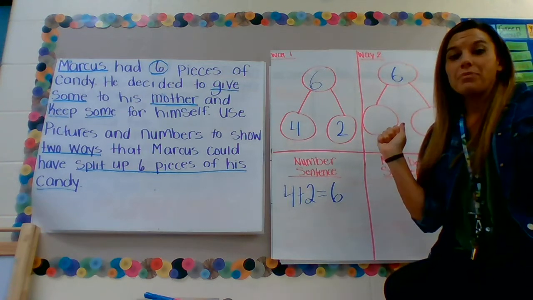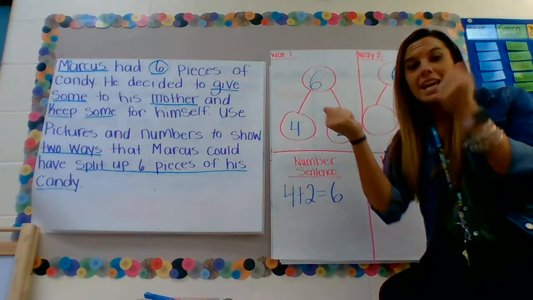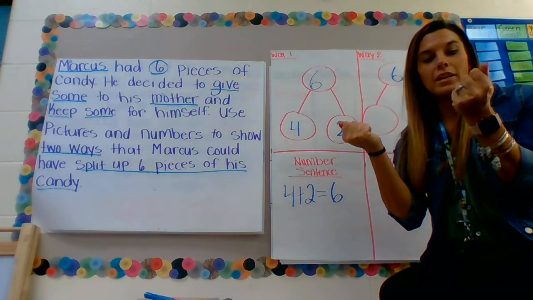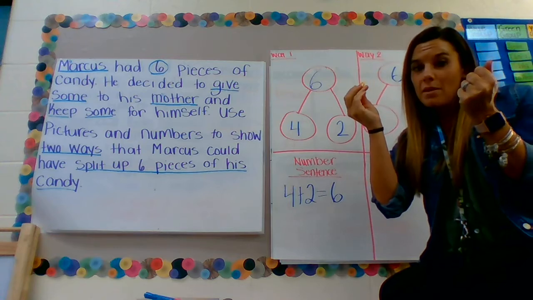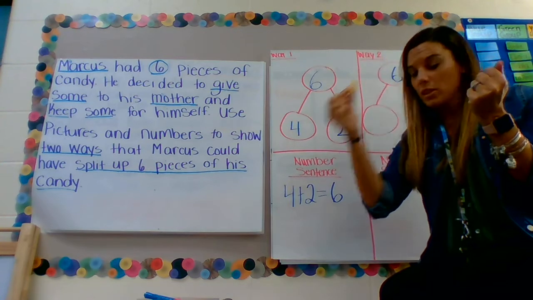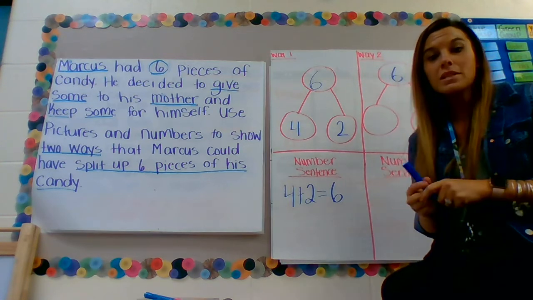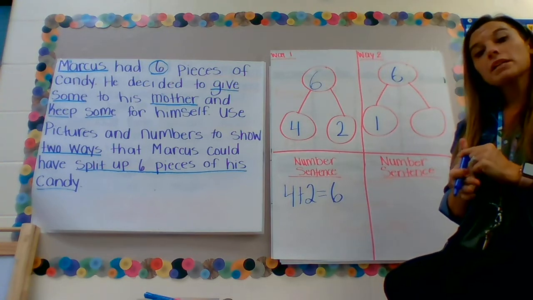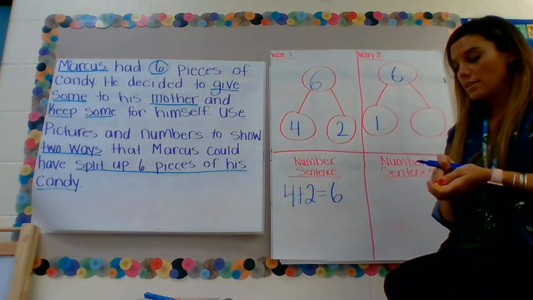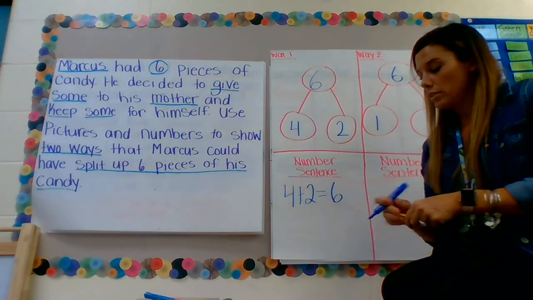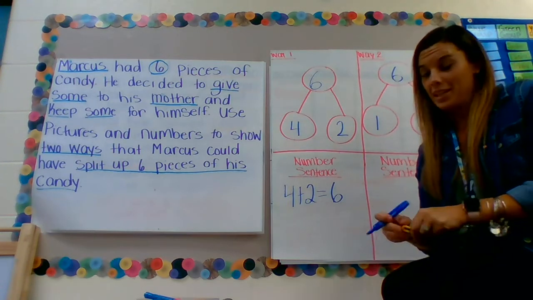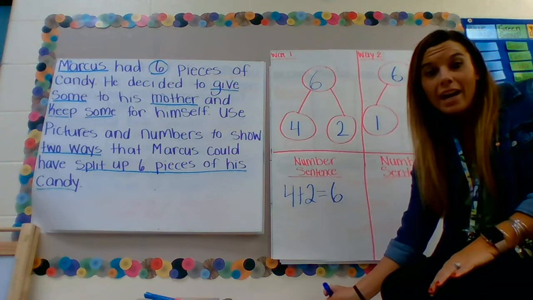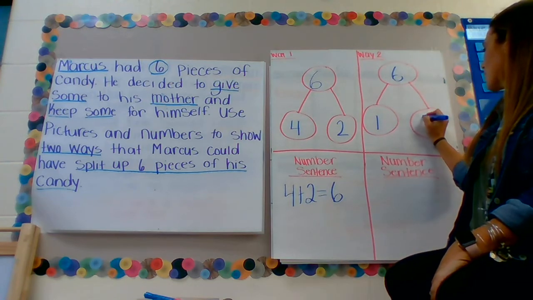Okay, so I have some in this hand, some in this hand. So I'm going to go ahead and count. This hand is going to be how many I give my mother. So let's count. I only have one piece of candy in that hand. Okay, so then I'm going to count how many I have in this hand. Let's see. 1, 2, 3, 4, 5. 5 pieces for myself.